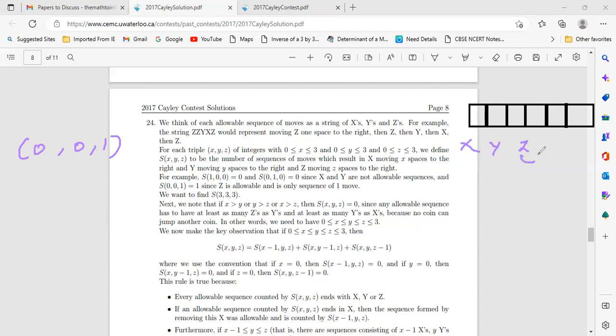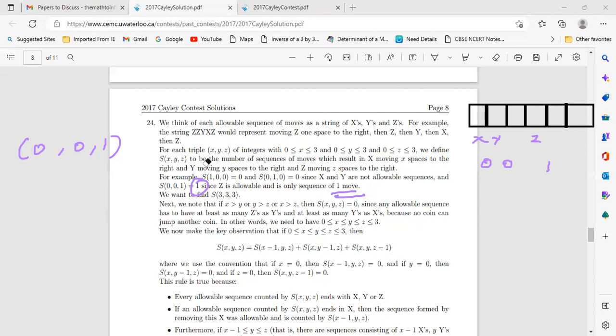You can move Z. So you can write this as 0 comma 0 comma 1. You have moved one space further, so you can put 1 here. Maybe like probability of the movement, since Z is allowable and is the only sequence of one move.